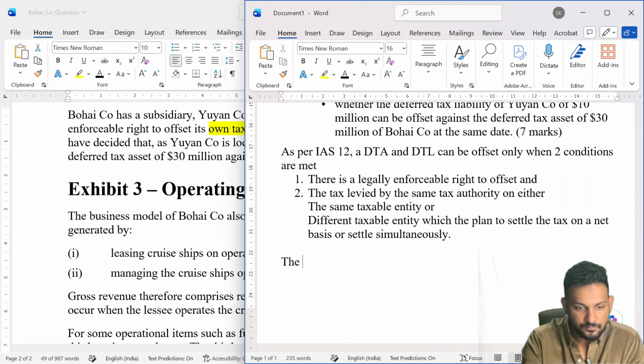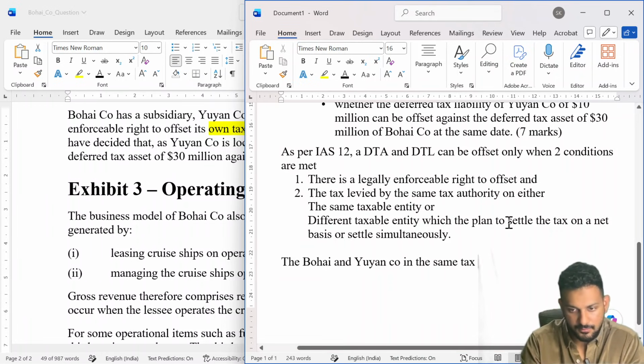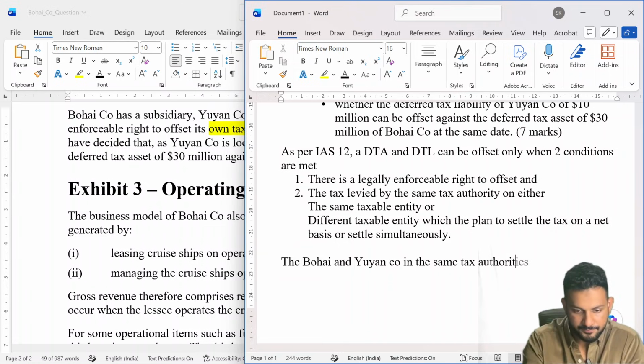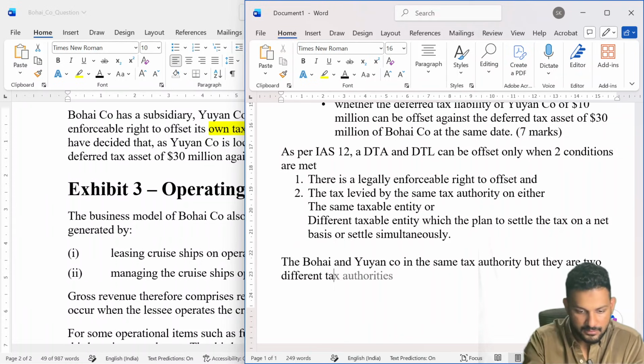So the Bohai company and Yuan company are in the same tax authority, but they are two different taxable entities.